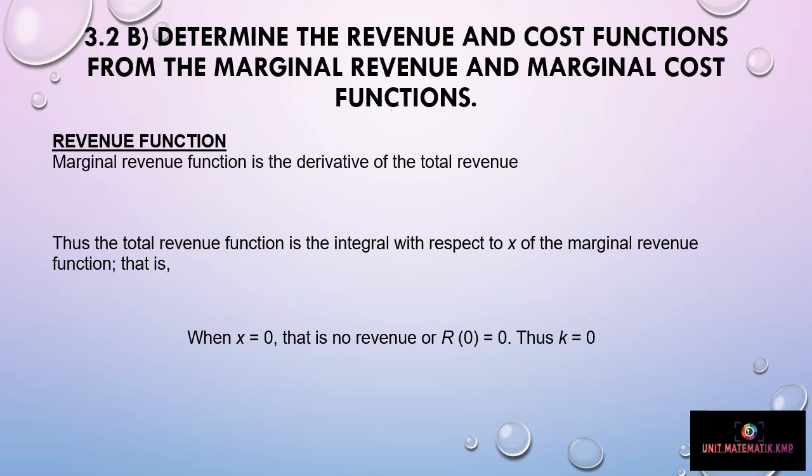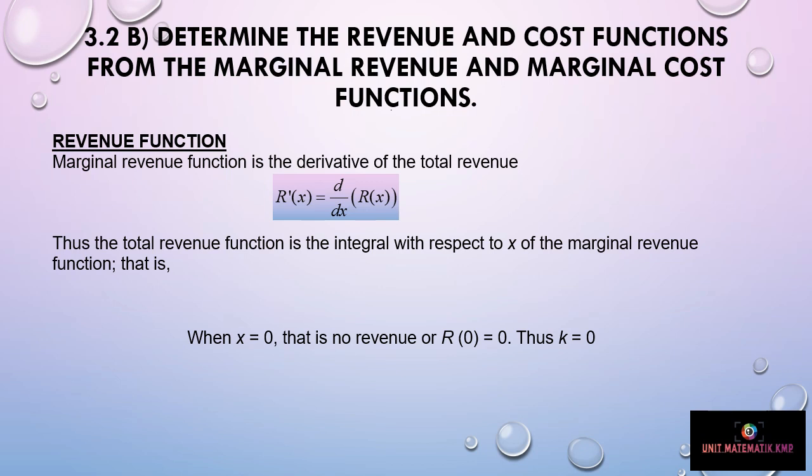3.2b. Determine the revenue and cost function from the marginal revenue and marginal cost function. Revenue function. The marginal revenue function is the derivative of the total revenue. So, marginal revenue comes from the derivative of the revenue function. Thus, the total revenue function is the integral with respect to x of the marginal revenue function.